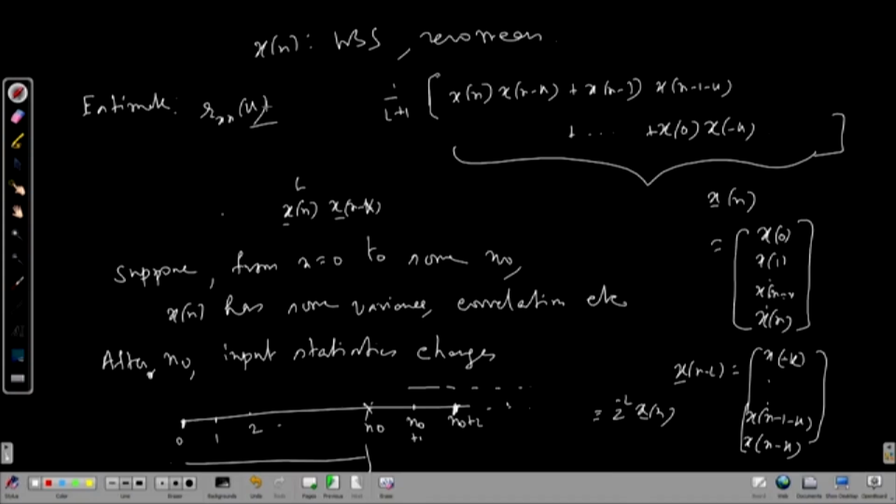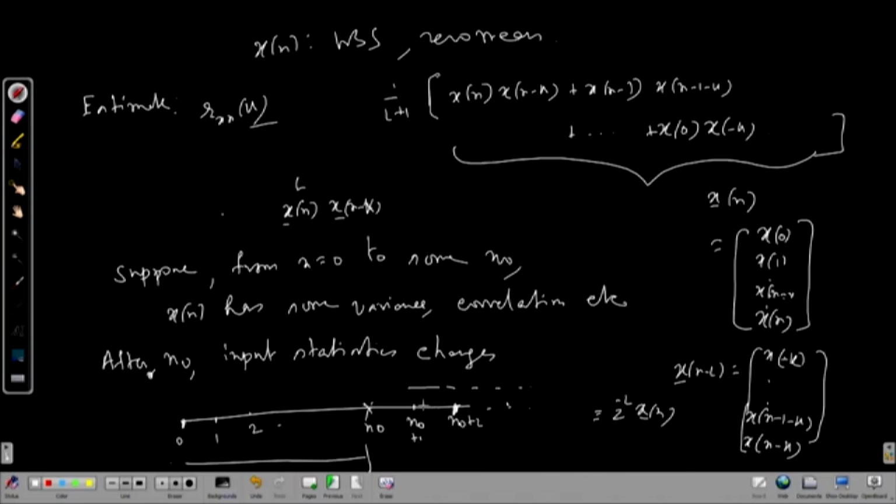If you had restricted yourself up to n naught and taken the average, you would have got a very good estimate. But you are now going further ahead, bringing in data from the right of n naught, and after n naught the correlation has changed.